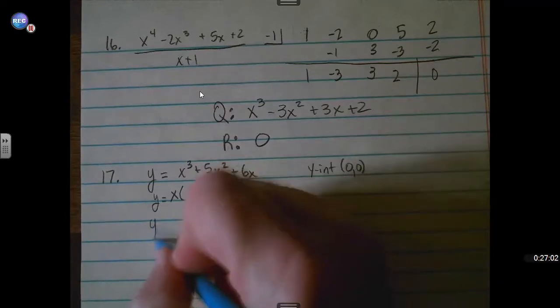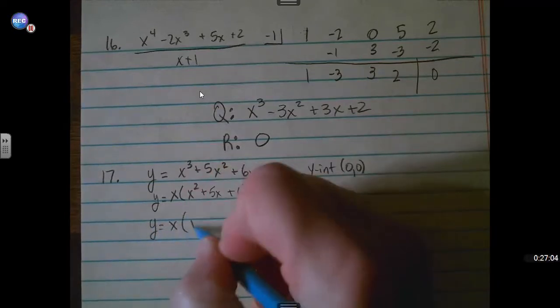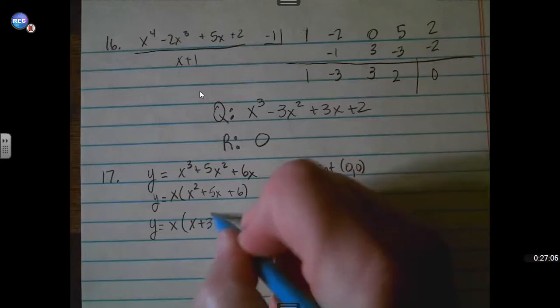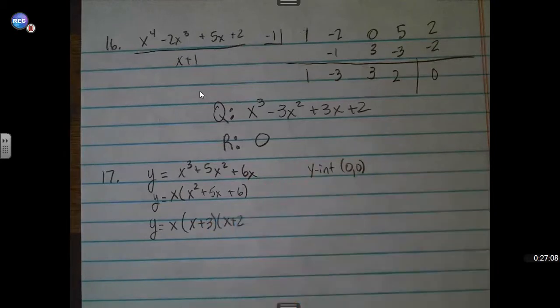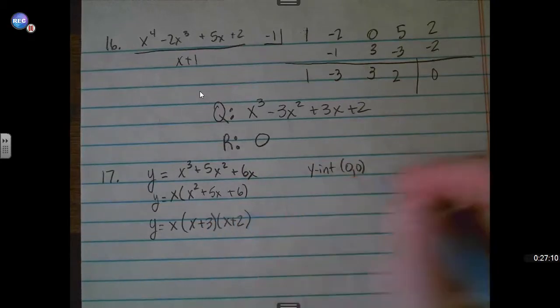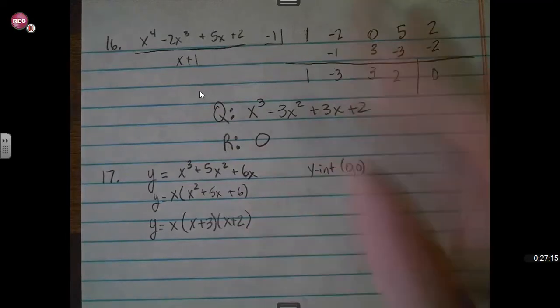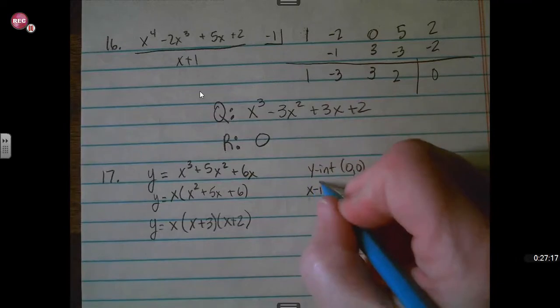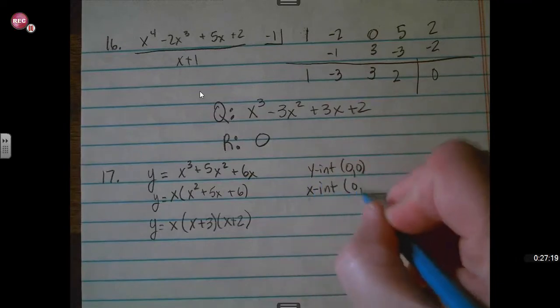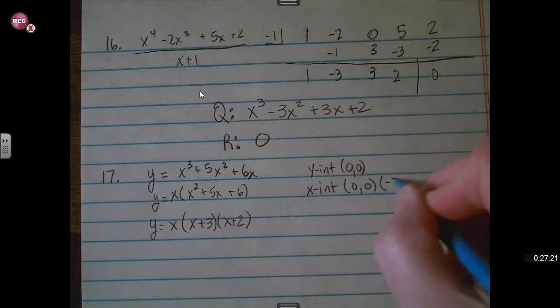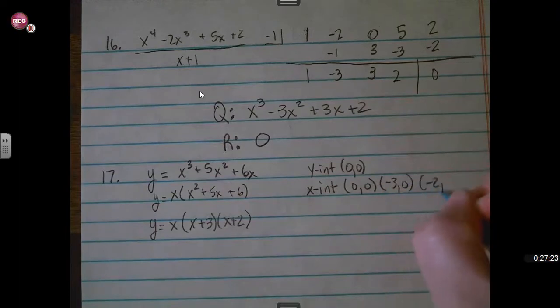And then that factors to x plus 3 times the quantity x plus 2. So the zeros, the x-intercepts, are 0, 0, -3, 0, and -2, 0.